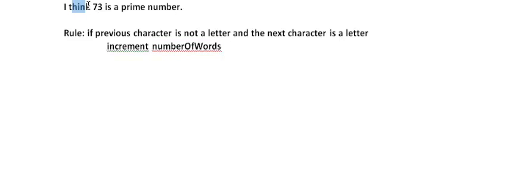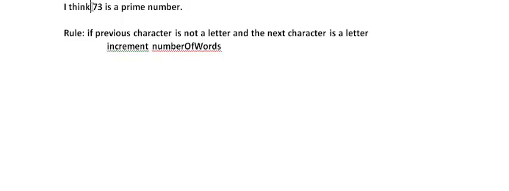Eventually we will have gone from think to the next character, which is a space, and we will be having the previous character a letter. So again, we will not be incrementing number of words.